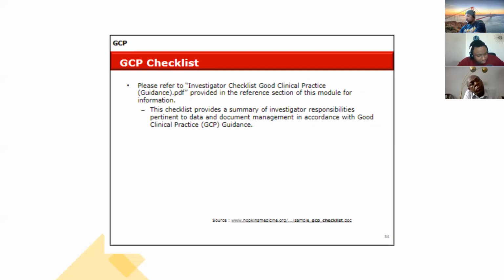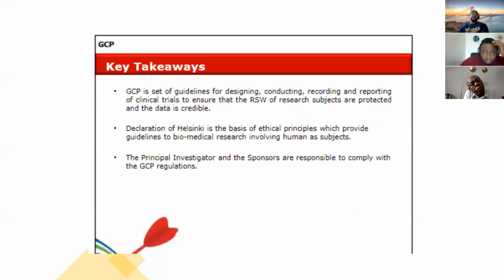So this is our last slide. The key takeaway that I want us to take away from this session is really to think about the GCP as that body. We talk about the ICH and GCP, International Conference on Harmonization, which really goes down to talk about how research is being conducted, what some of the regulations to follow are, and to be that additional eye to provide the ethical standard to prevent bias by all possible means.